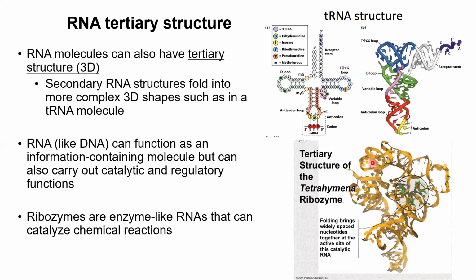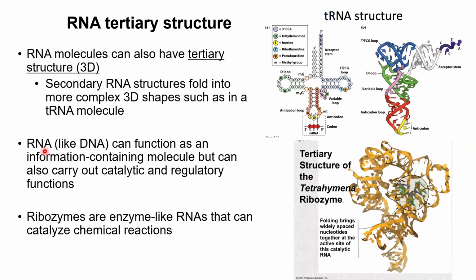So now the tertiary structure of RNA is basically where the secondary structures kind of fold into a more 3D complex shape. For example, like a transfer RNA molecule. We'll talk about those more in a bit.